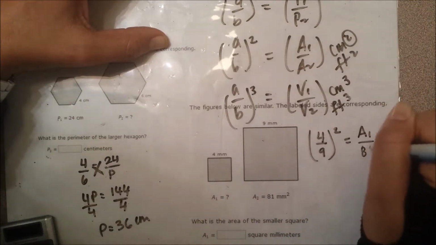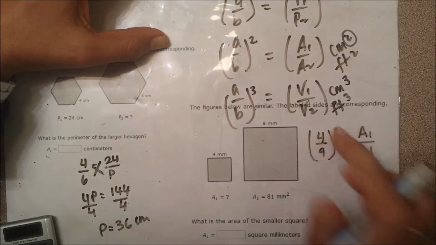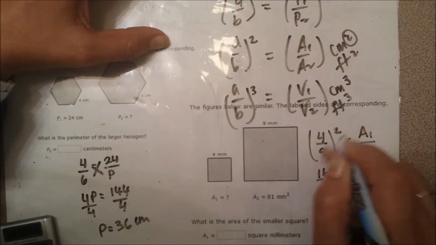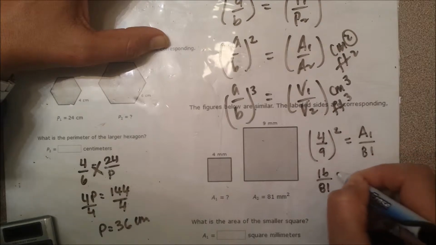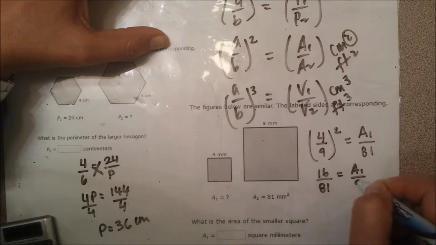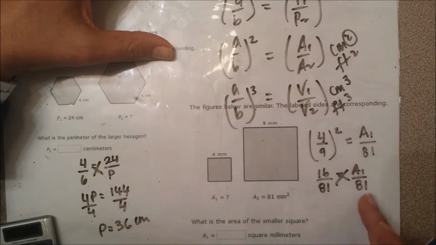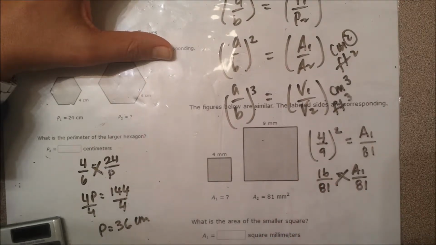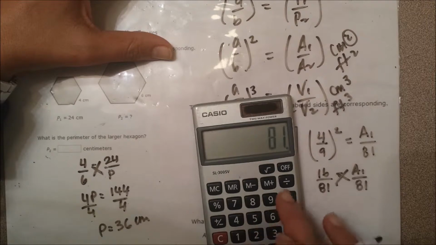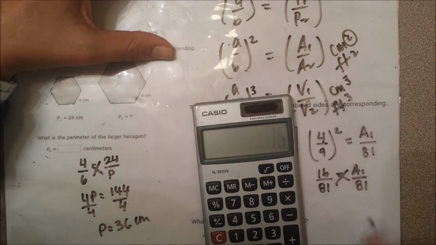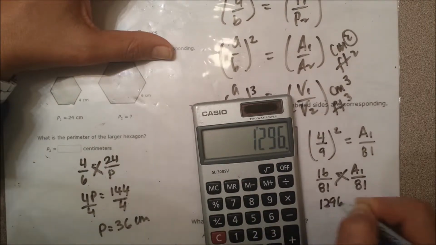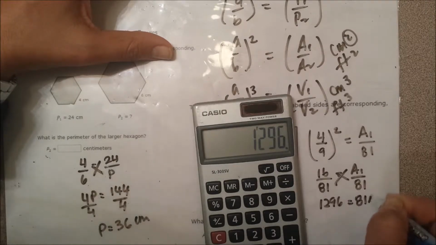A1 over 81. So go ahead and square it. What's 4 squared? 16. Over what's 9 squared? 81 equals A1 over 81. Then simply go ahead and cross multiply. When you cross multiply, you get 81 times 16 is 1296 equals 81 A1.